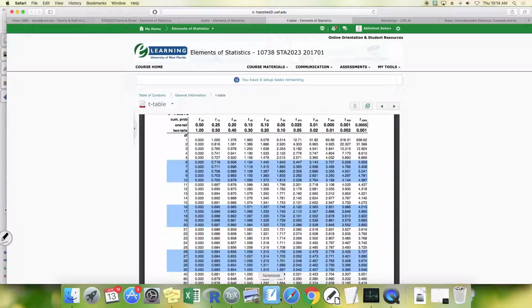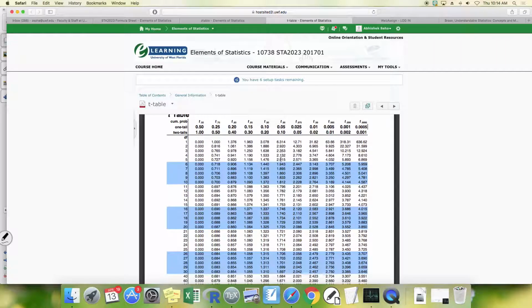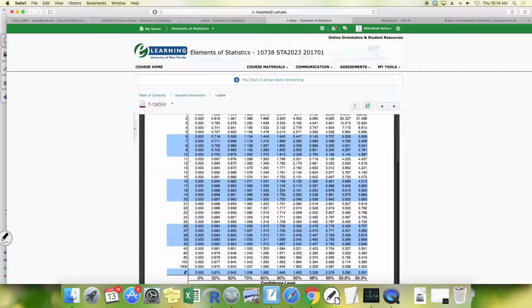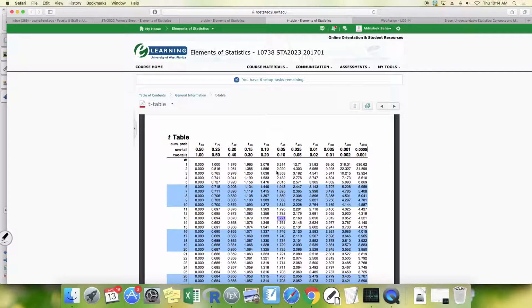Because we are looking at one tail. So how fat is the one tail? One tail is 0.05 fat. So that's why we are looking at this column. Okay. And which row? That's obvious. Degrees of freedom is 13. So it's this number. Yes. So 1.771.